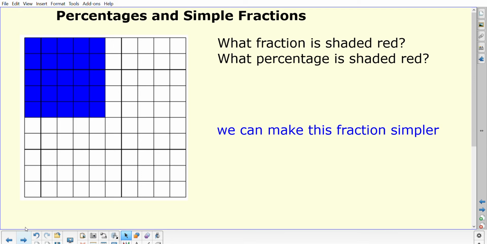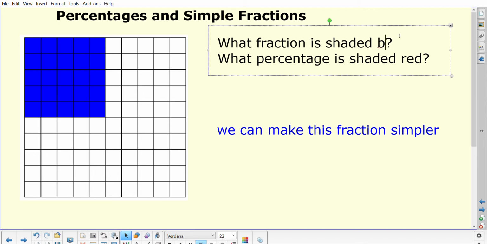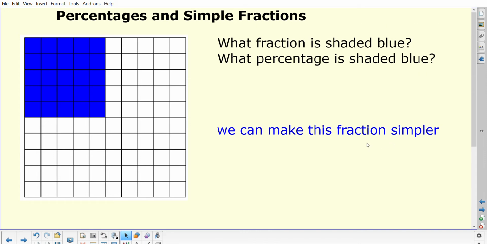Another percentage that's similar in this way: if I said what fraction is shaded blue, and what percentage is shaded blue, we'll think about how we can make that simpler. First of all, write down what fraction has been shaded blue.